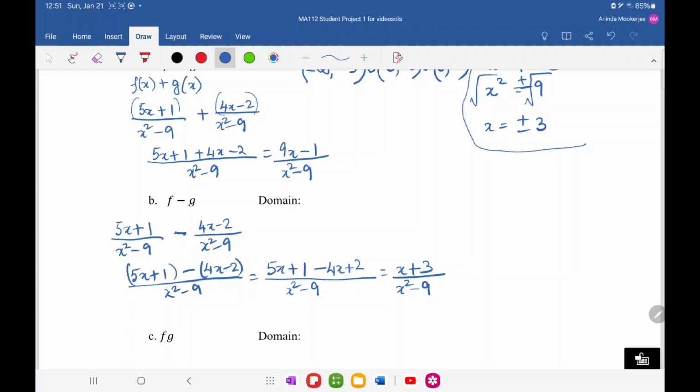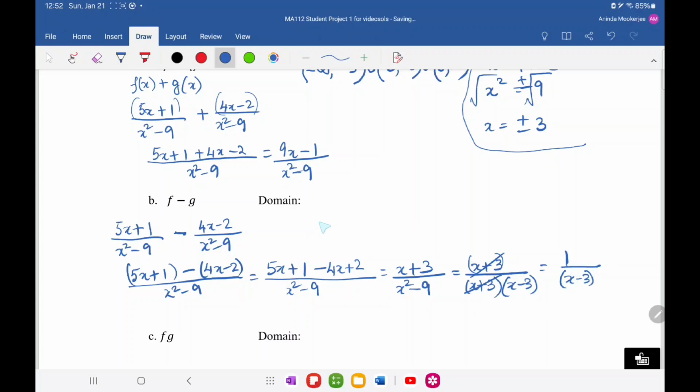Now we could simplify this further. Remember, x squared minus 9 can be factored as x plus 3 times x minus 3, and then cancel out the x plus 3 and get 1 divided by x minus 3 in simplified form.